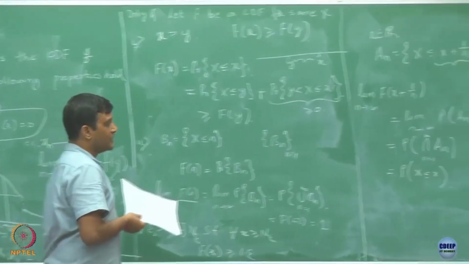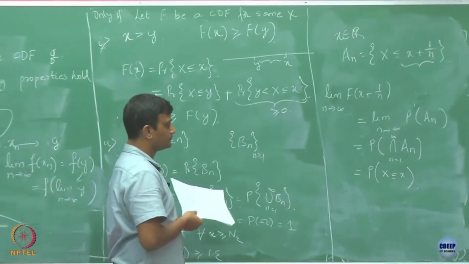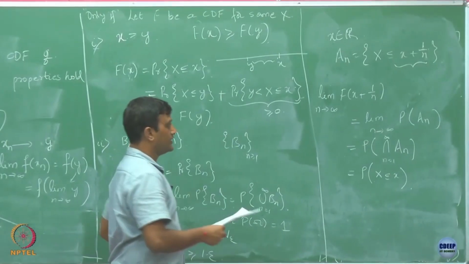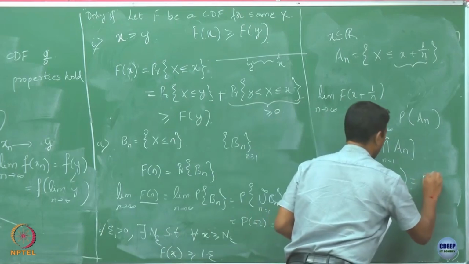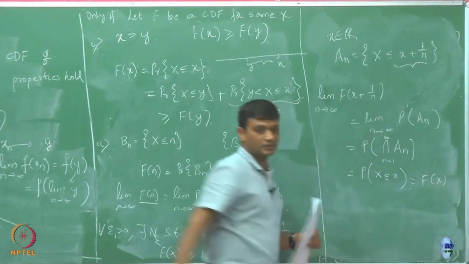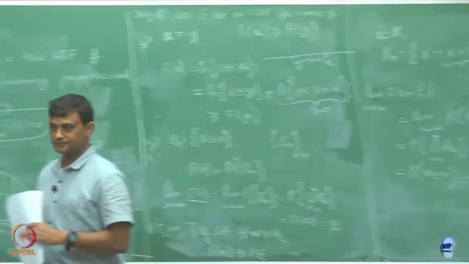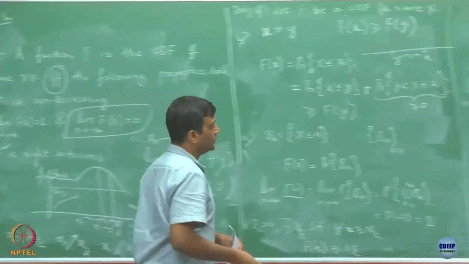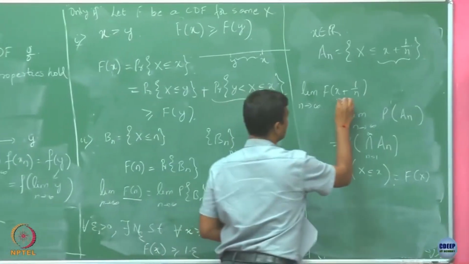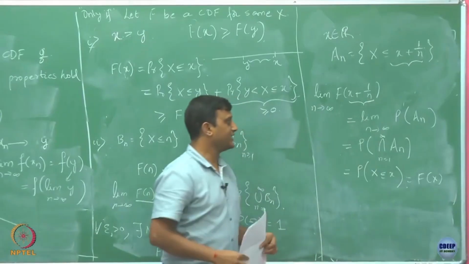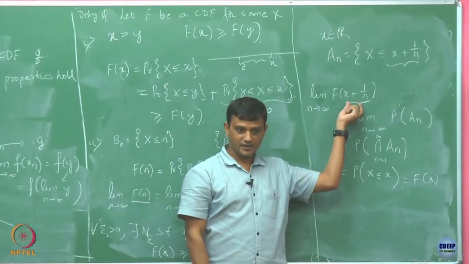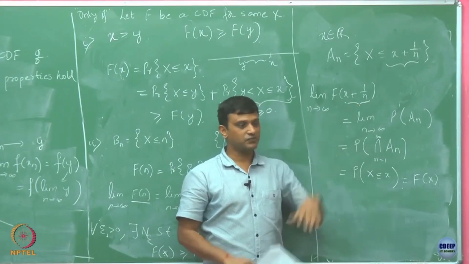So now what I have basically done is, and this is nothing but f of x by definition, right? What I have basically done is, I have taken a sequence which is approaching x from the right.